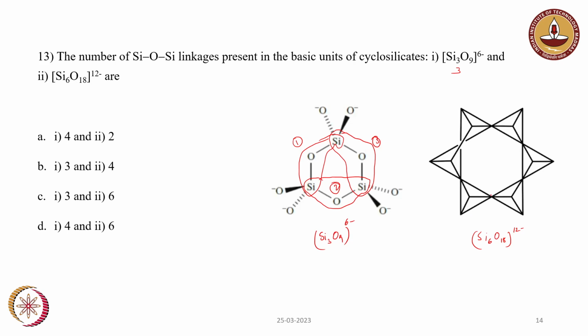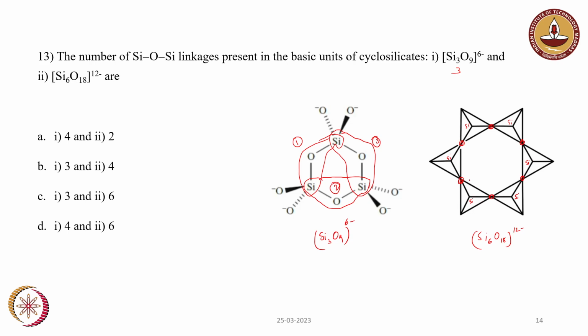Inside each tetrahedral unit there is one silicon. So here it will be one Si. Again in each tetrahedron there will be one silicon inside.